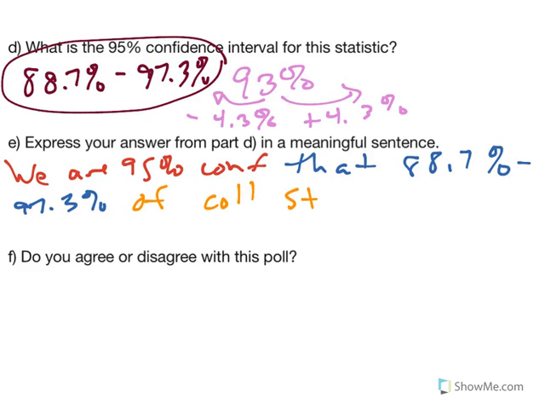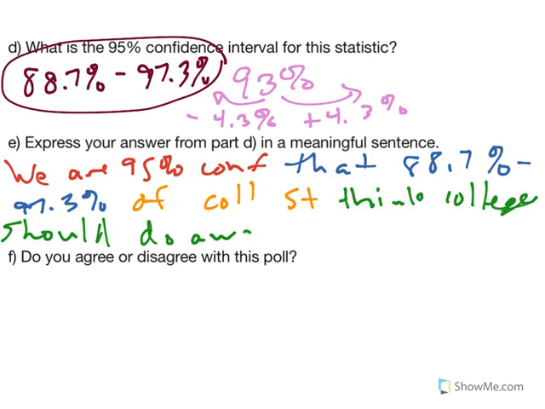What are they doing? Think colleges should do away with final exams. And you notice how I don't make any of this up. I pull this stuff straight from the problem. College students think colleges should do away with final exams.